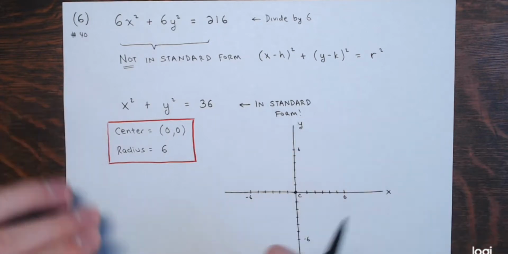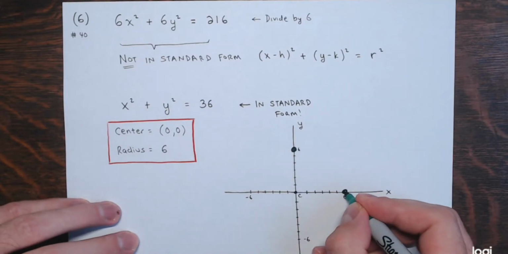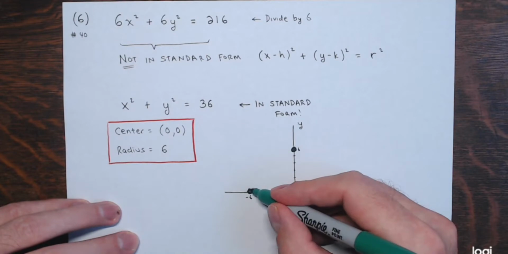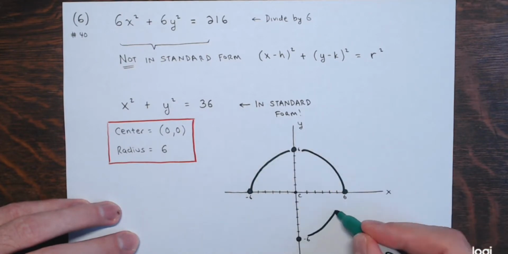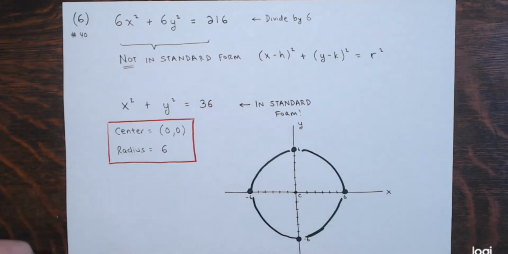There'll be a point there. Right. So I have 0, 6, 6, 0, 0, negative 6, negative 6, 0, and all the other points on the circle. All the other points that are 6 units away from the origin. And again, not a perfect circle by any means, but reasonably circular.